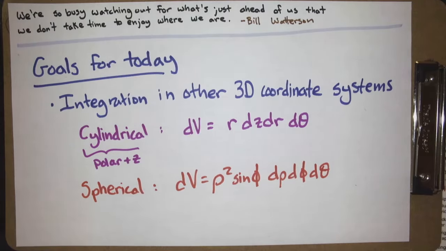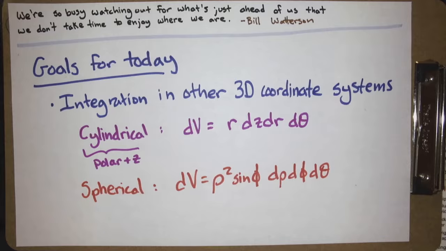Now, what are we doing today? Well, we're sort of gearing up for something that's coming up in the next few lectures. We've been able to take polar coordinates and in certain situations use them to do integrals, and it's been pretty helpful. That works well for 2D. Let's step it up a notch into the third dimension.